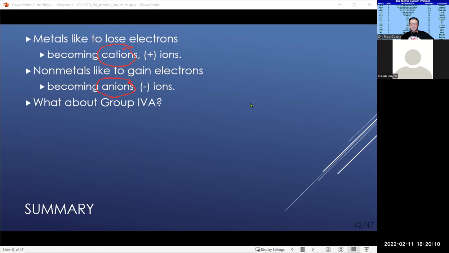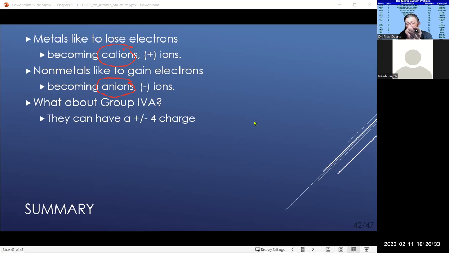And group 4, think of the group number as a fence, with group 4 being on top of the fence. Because they have 4 valence electrons, to obtain the magical 8 they can do one of two things.